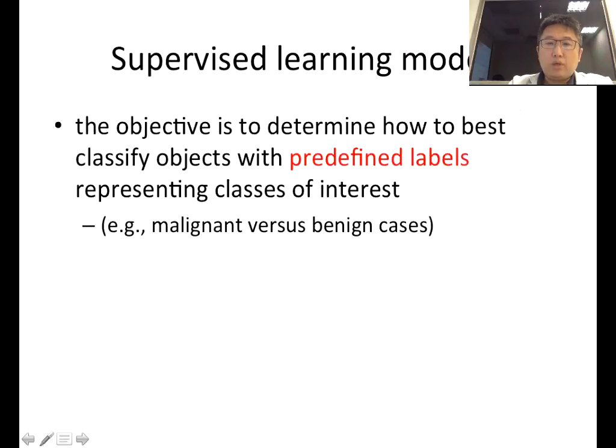Previously we said that if you already know the condition, or you already have a predefined condition, supervised learning can help you do that. Or we can rephrase it: I already know what I'm going to do, and I just want to ask the computer to help me do that. At that time, you can use supervised learning.